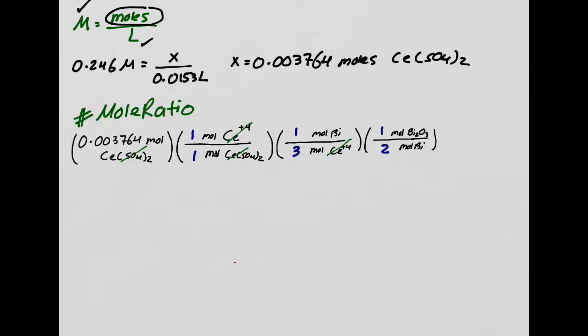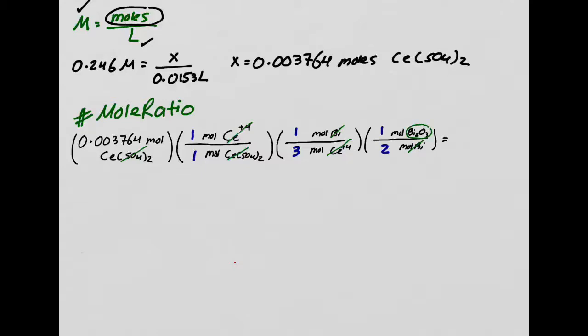You have 2 Bi, right? In 1 mole of this, you have 2 Bi. Okay, that's not bad. And also, just remember, now the Bi can cancel out. What I end up with is Bi2O3, which is what I want.